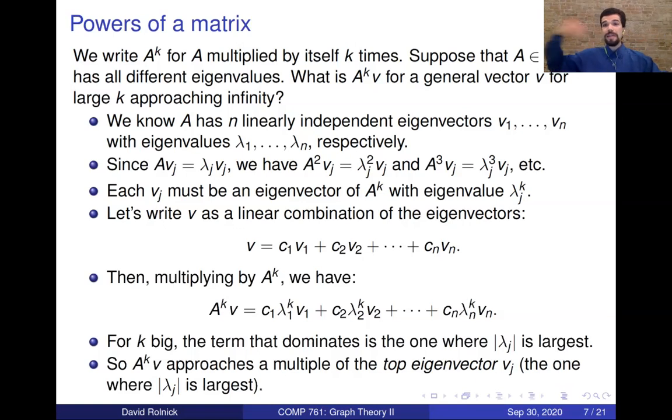So if you just keep on iterating this matrix, you end up always going in the direction of one vector. That vector is going to be really long, but it's always going to point in that direction. We'll see how this is relevant in a few slides.